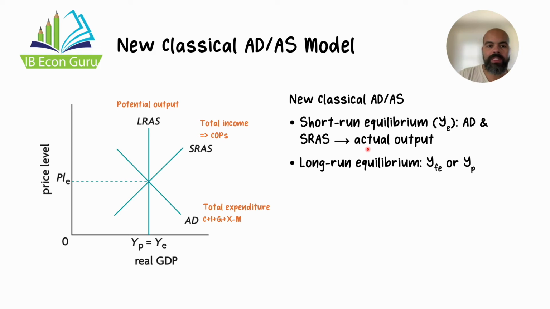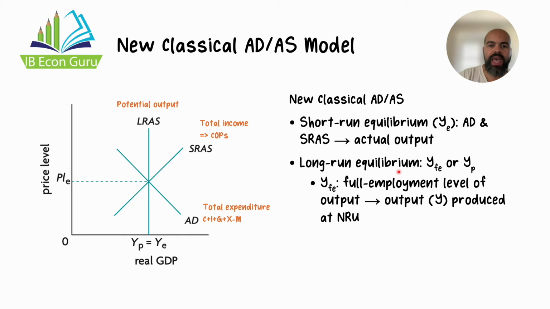Long run equilibrium is the economy's potential output, or the economy's full employment level of output. YFE means full employment level of output. This is the output, Y, that is produced at the natural rate of unemployment, NRU. When the unemployment rate is equal to the natural rate of unemployment, we say that there is full employment.